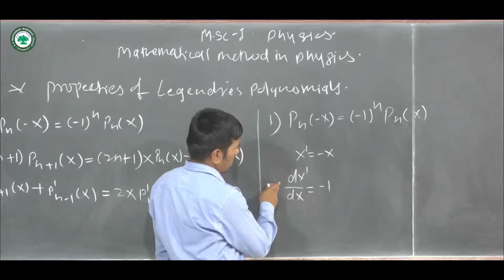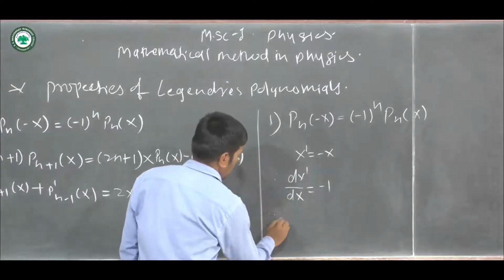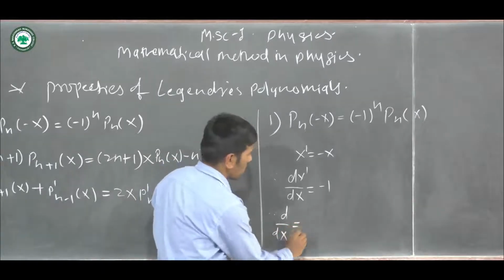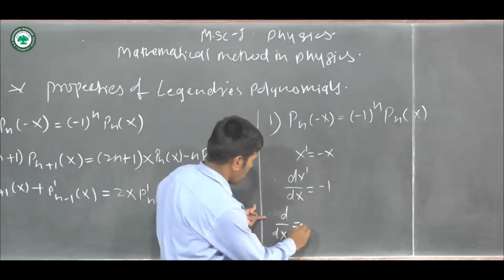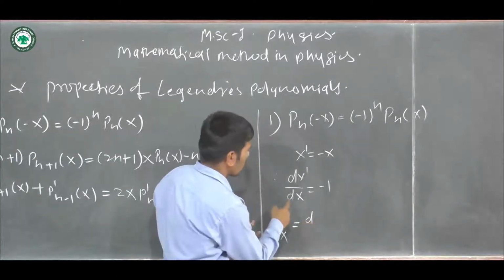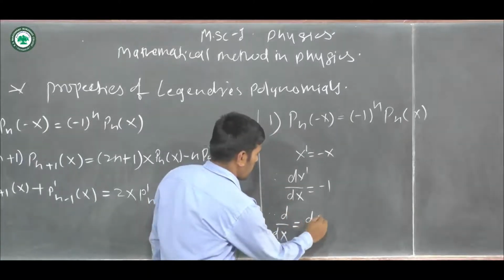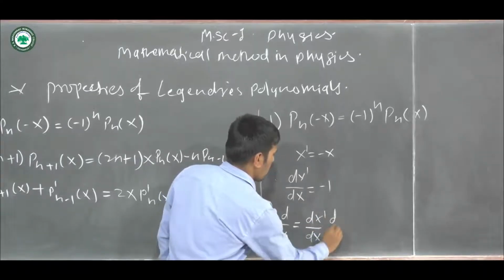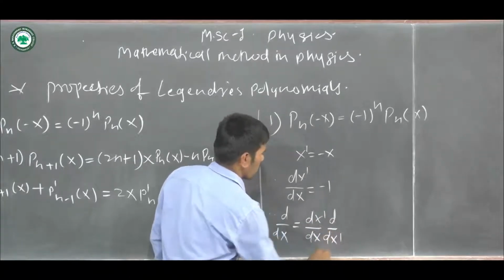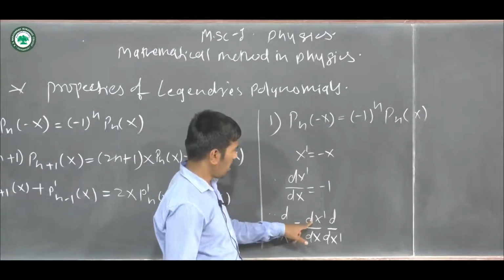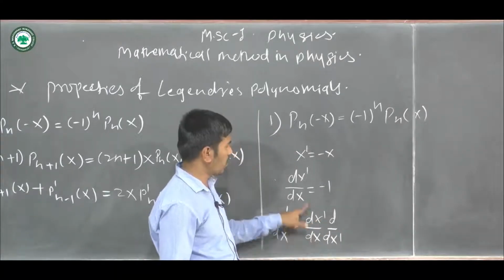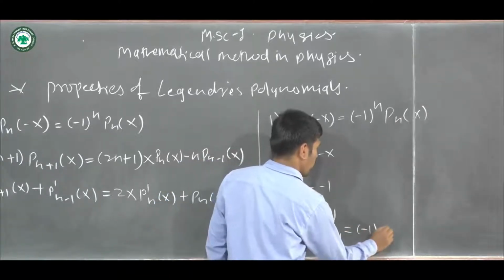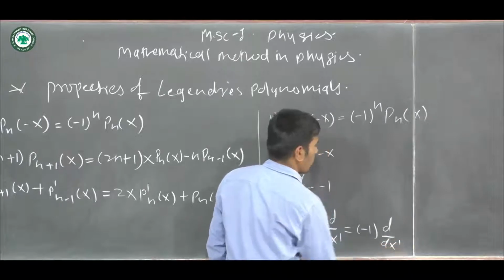Okay, so now if I consider d by dx, we can write this in terms of x prime. So we can write dx prime divided by dx into d by dx prime. Okay, so here dx prime by dx we replace with minus 1. So this is equal to minus 1 into d by dx prime.